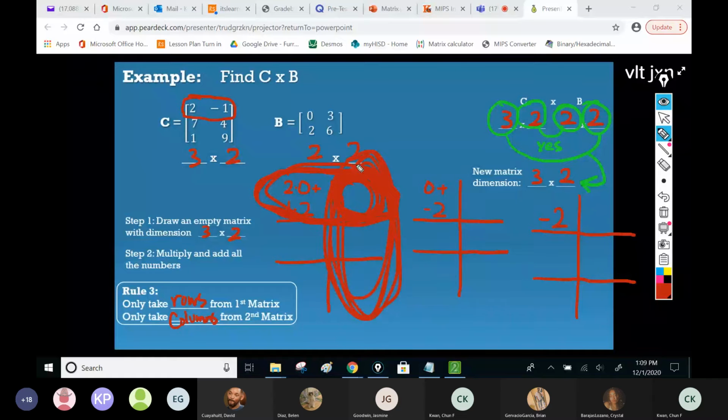The second column of the new matrix will take our column from the second matrix. So first number times first number, 2 times 3 plus second number times second number, -1 times 6.